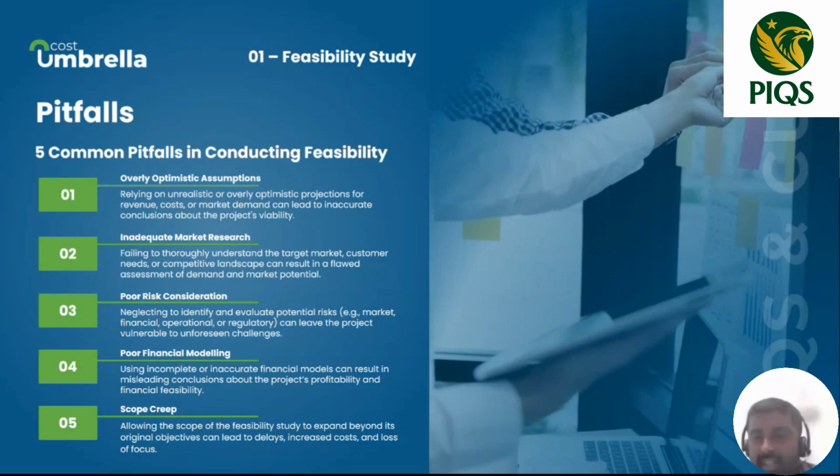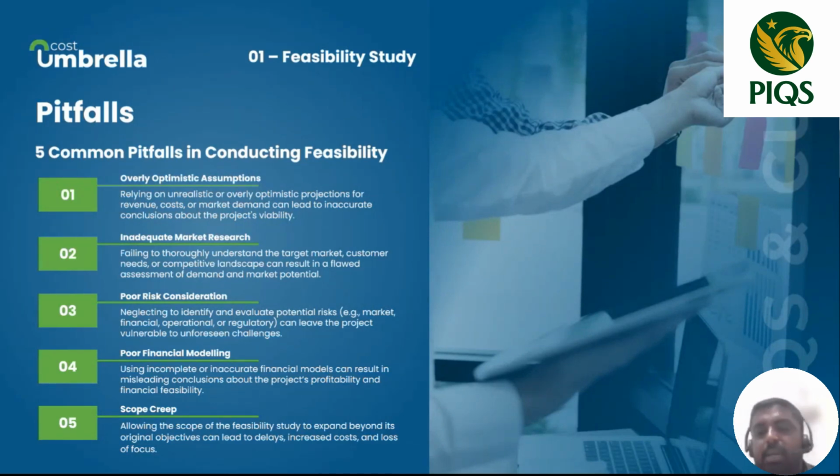Again, shortfalls. As I told you, I listed what is required for a comprehensive and complete feasibility study: more and more data and proper analysis. Now, shortfall or pitfall means the limitation. Why are we not able to make proper feasibility studies? Because we have over-optimistic assumptions.